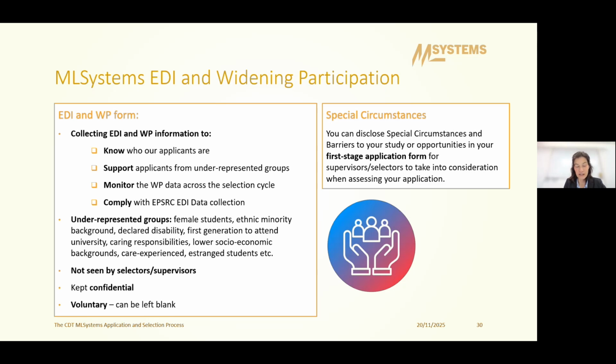This information is not disclosed to supervisors or selectors. It is kept confidential and it is voluntary. It can be left blank if you want to, but we really encourage you to give us that information.